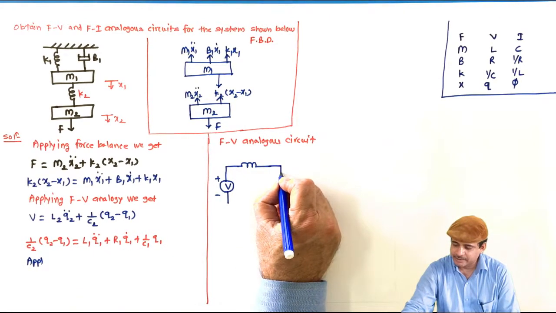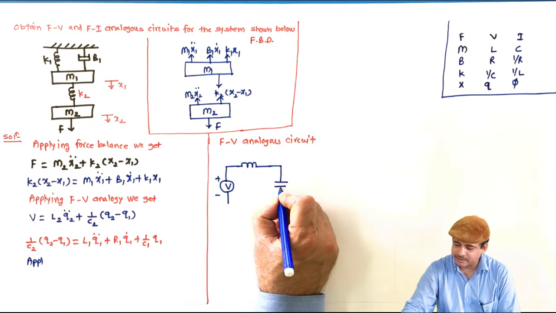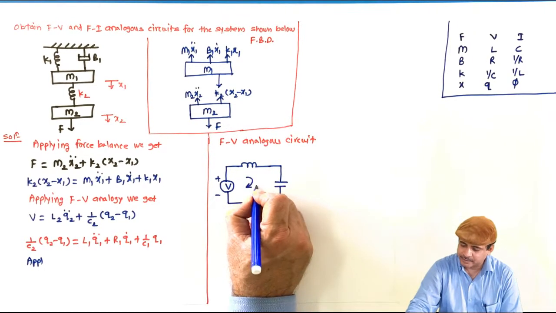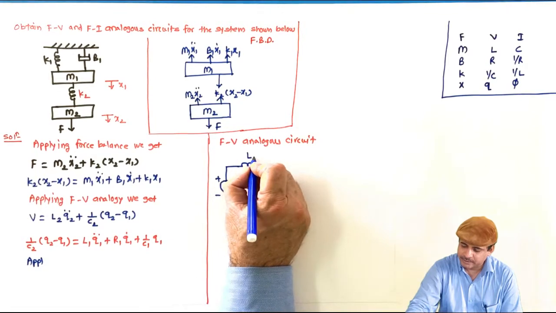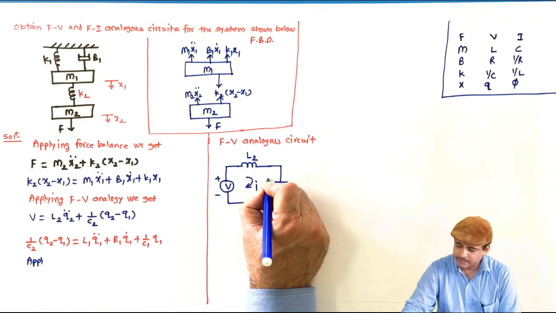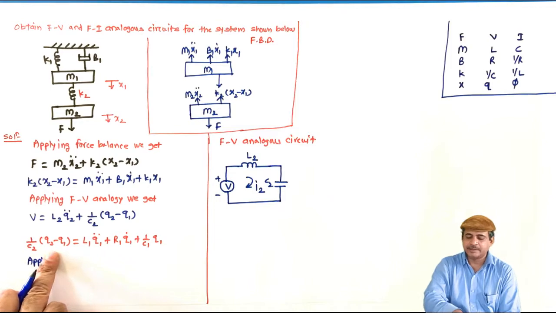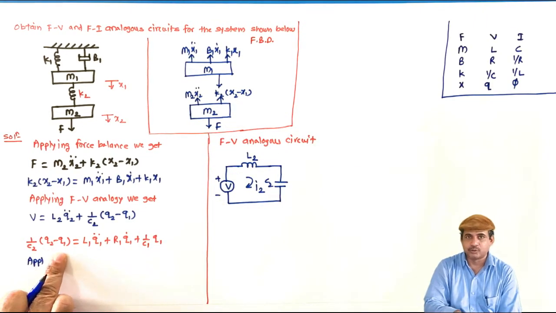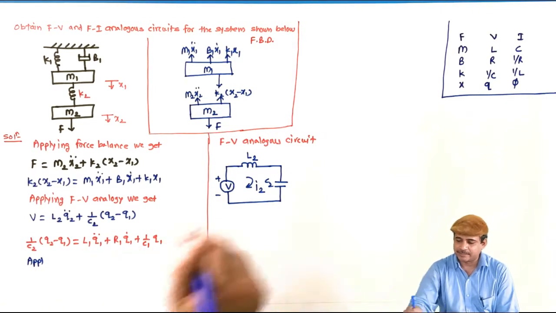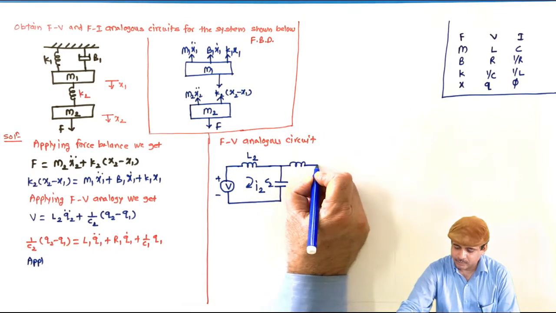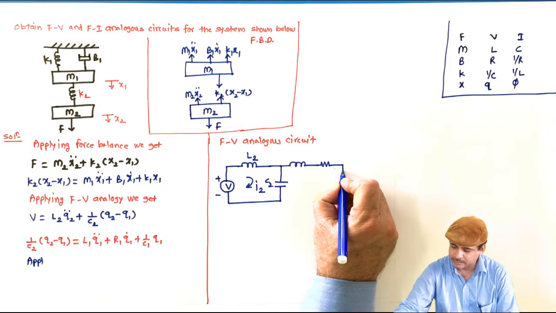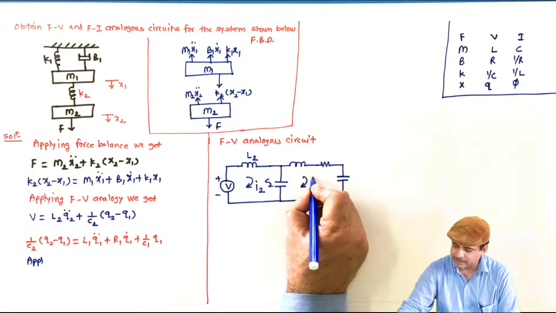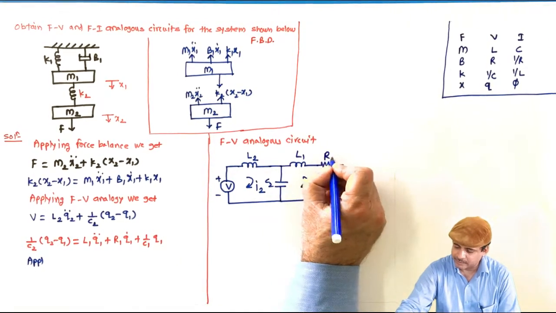So it is a two-loop system having currents I2 and I1. This will be current I2, L2, C2, and this voltage is counterbalanced by L1, R1 and C1 with current I1.